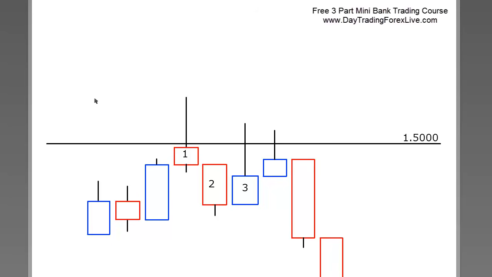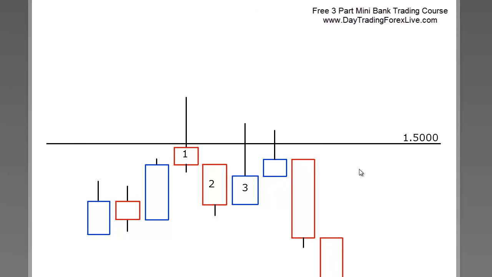So this is obviously a shorting opportunity, and let's just say that in this case, Chad or I were looking for a second push down in the market. Remember, we trade based on market cycle. If you're not familiar with that, there's a lot of information on the site based on market cycle. You can check that out. But what we were looking for was a shorting opportunity in this example.